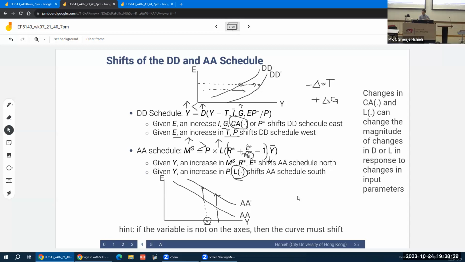These are the same economic mechanisms, but now we're thinking about E and Y, and how changes in that are going to feed back into the DD aggregate demand function. Okay, that's the additional layer you think about now.